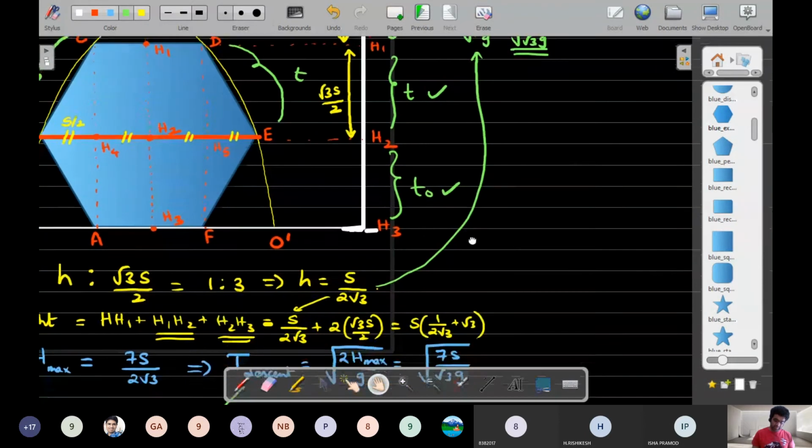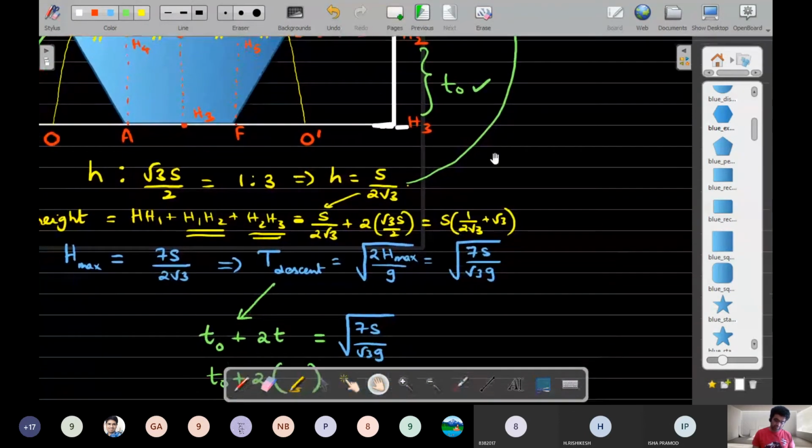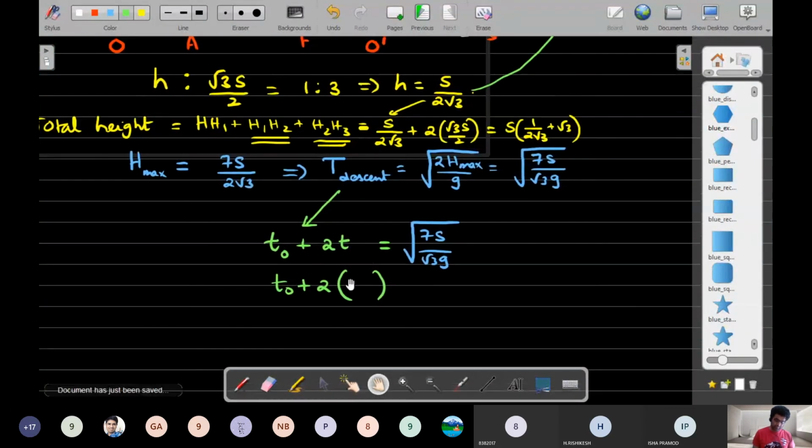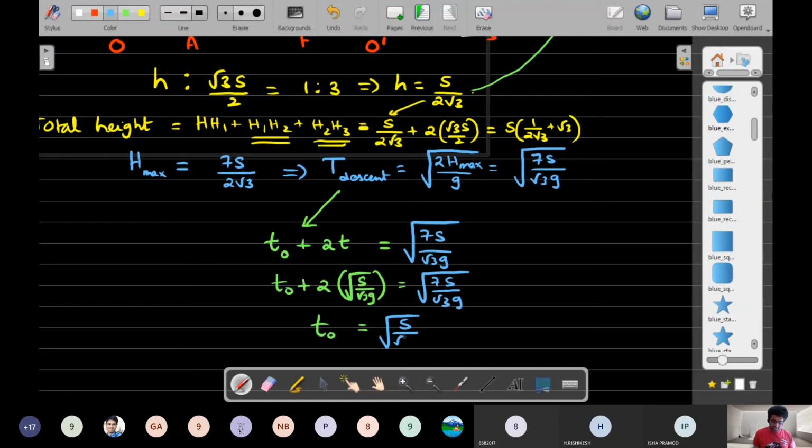Root of S by root 3g is equal to the same root 7s by root 3g. Okay, so let me write the value of t naught. Therefore, t naught is equal to root of s by root 3g times of root 7 minus 2.